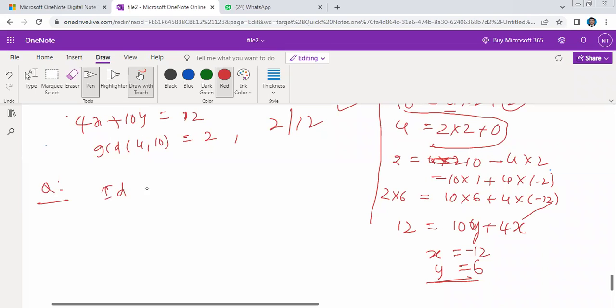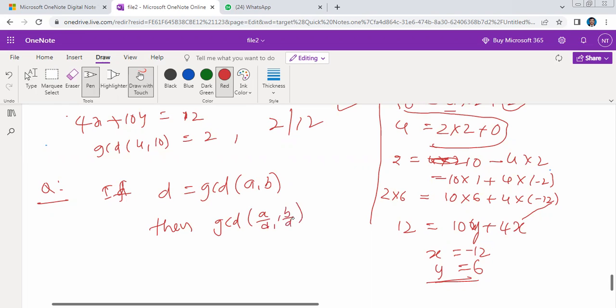Sorry, is it a unique solution? I will tell that. I will give you a formula for unique solution and how to do the linear combination. If D is equal to GCD of A comma B, then what is the GCD of A by D comma B by D?